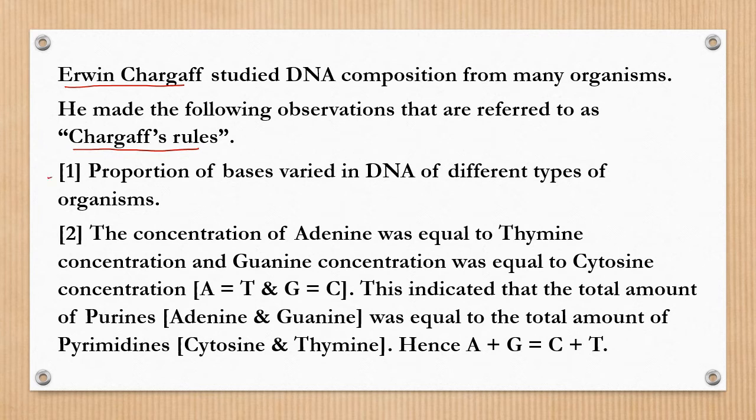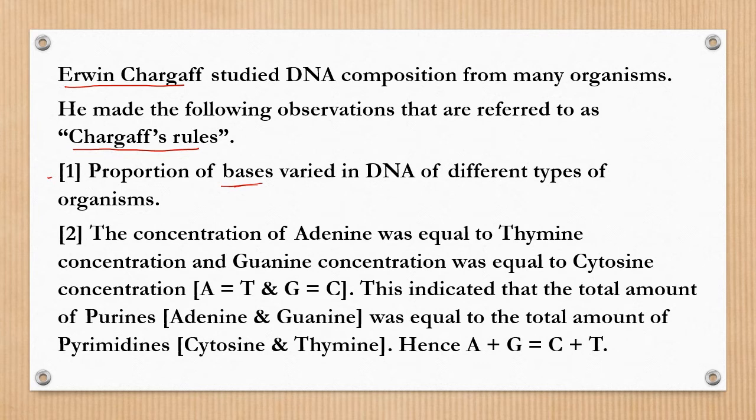First, the proportion of bases varied in the DNA of different types of organisms. Here, bases are nothing but nitrogen bases, and their proportion is different in different types of organisms.